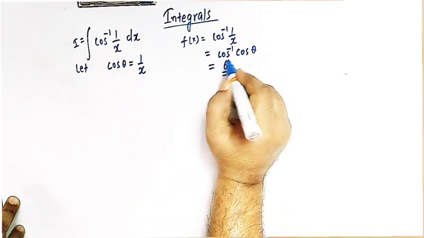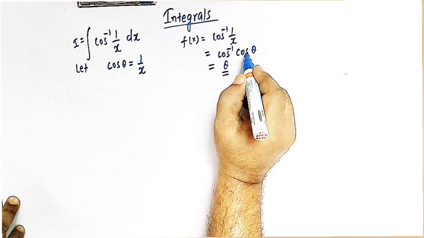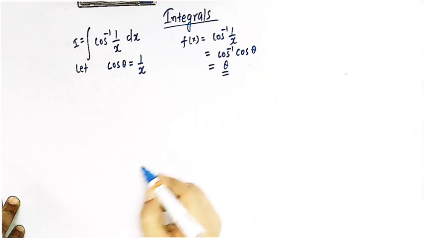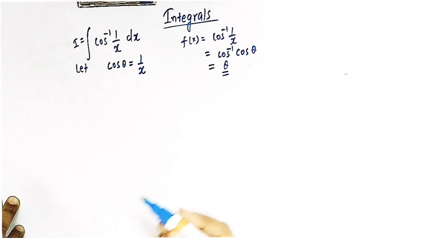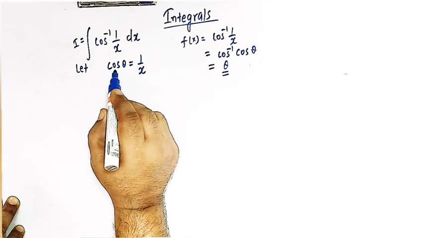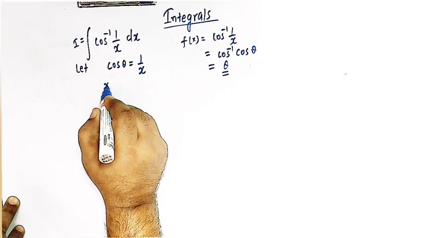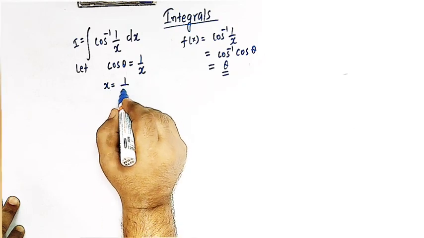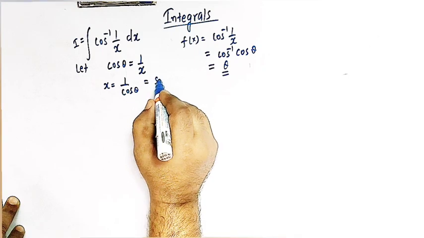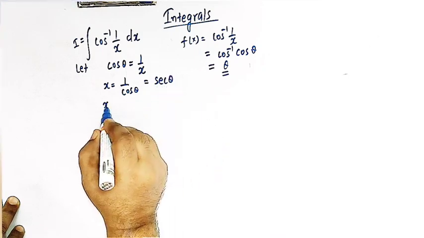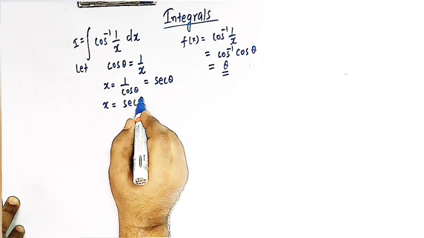Here we can cancel cosine inverse and cos by the definition of the principal value branch of cosine inverse function, right? So we'll make this substitution, and now we can write x is equal to 1 over cos theta, and 1 over cos theta is secant theta. So we have x is equal to secant theta.